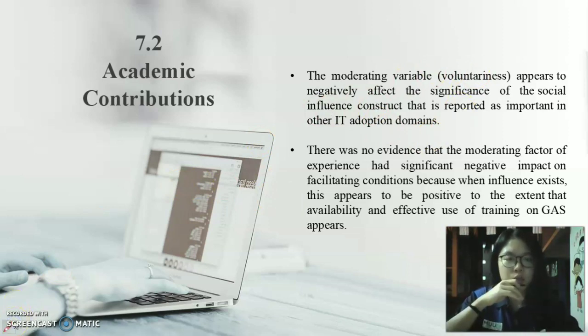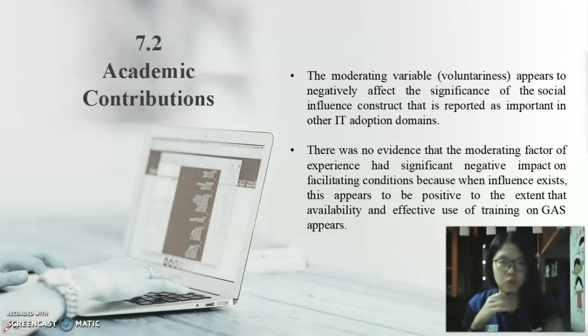This means that, as we mentioned before, the internal auditors are professionals in their field. So, as related to the effort expectancy construct, voluntariness is seen to not be so important in affecting the significance of social influence in the IT adoption domain.